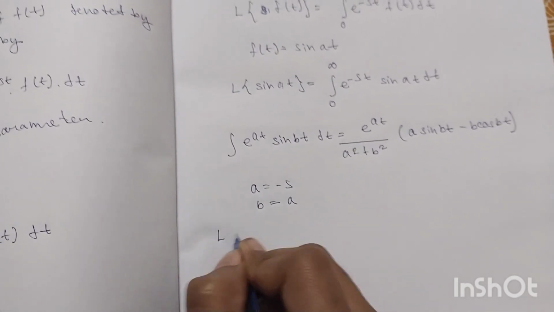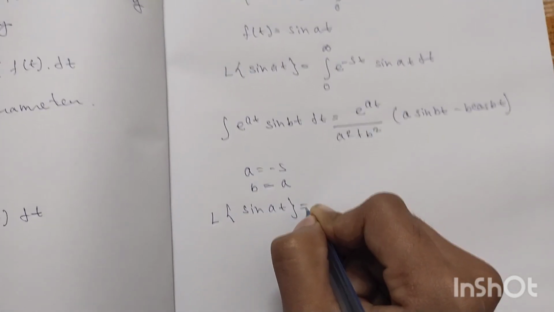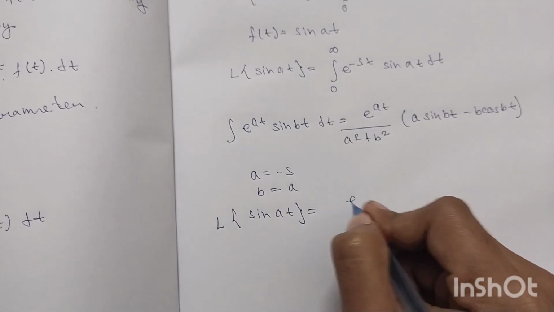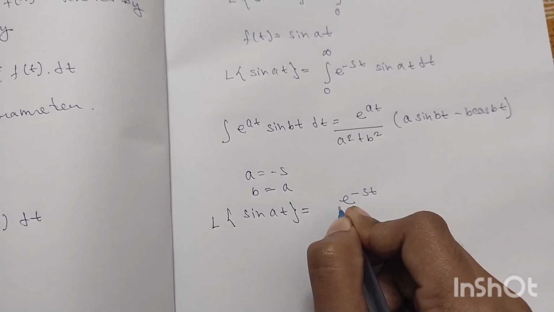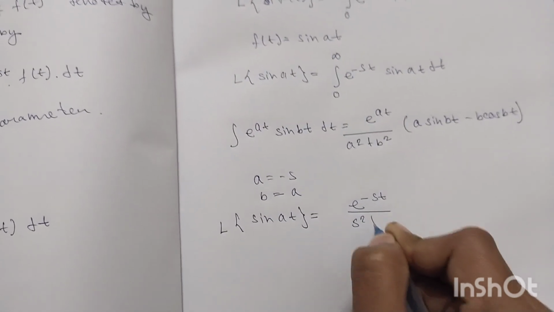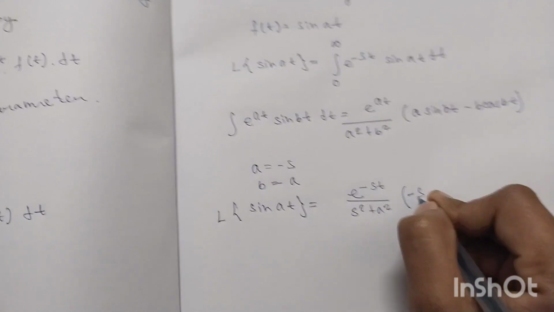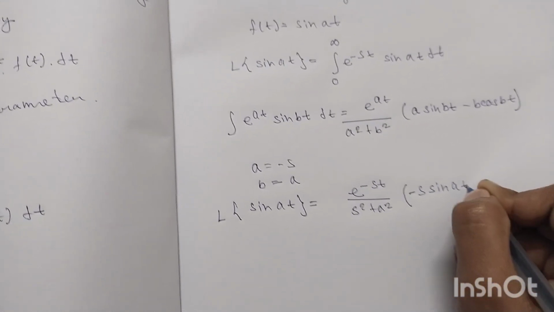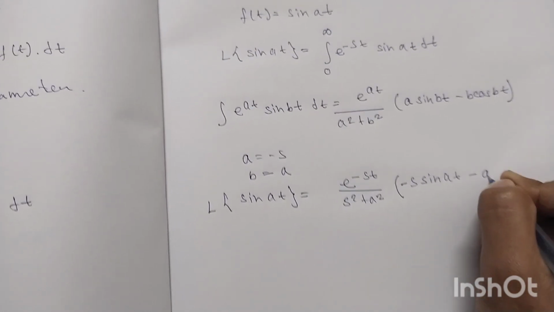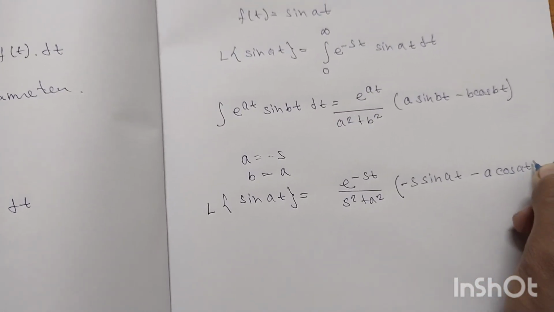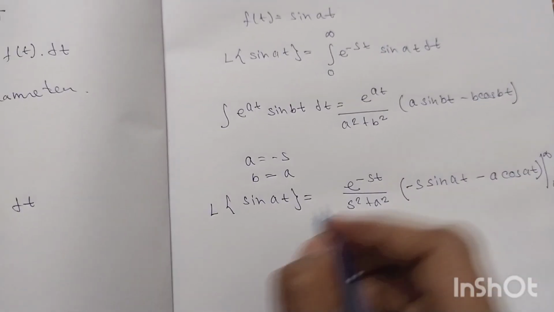So Laplace transform of sine of at is equal to e to the power minus st by s square plus a square into the value of a is minus s into sine of at minus the value of b is a into cos of at, limit from 0 to infinity.